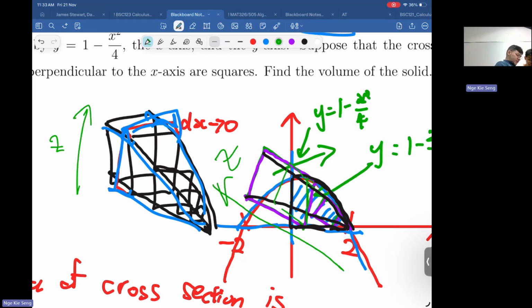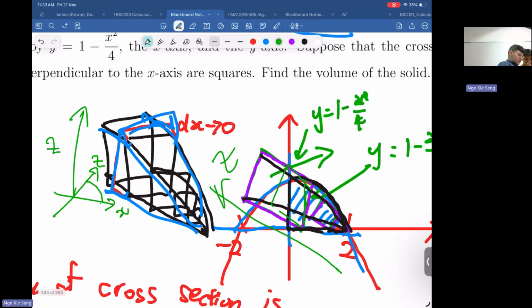Your x is here, your y is here, and your y equals 1 minus x squared minus 4 is here. From here you build this height, standing up as a proper square shape. So the length on this side is 0 to 2, and the height is also 0 to 2. This is 1, so the height is 1.